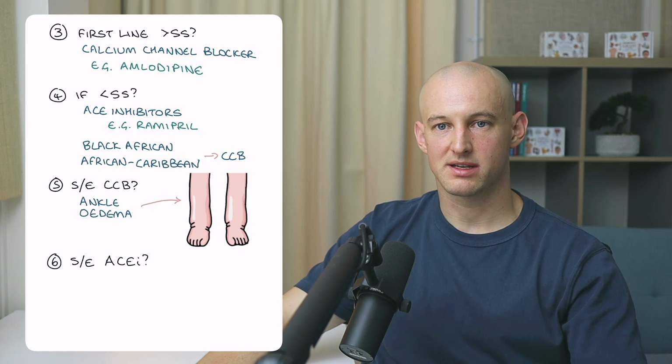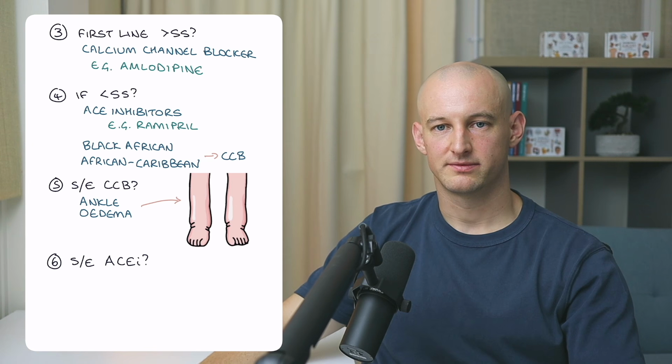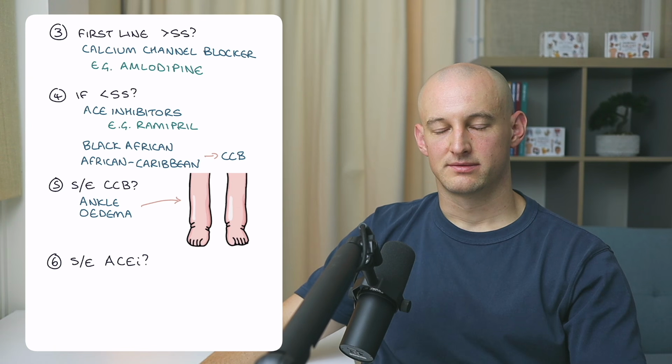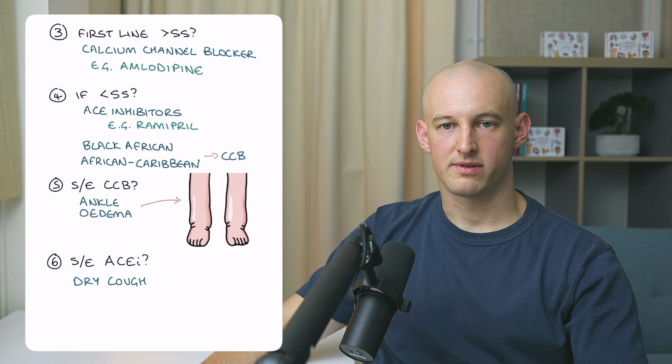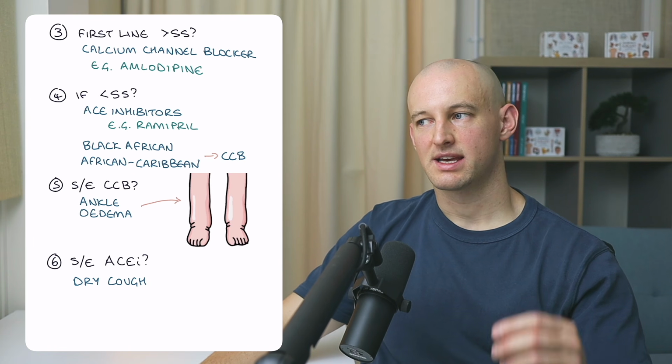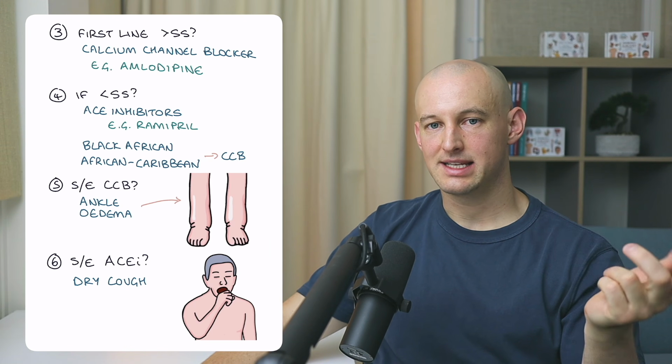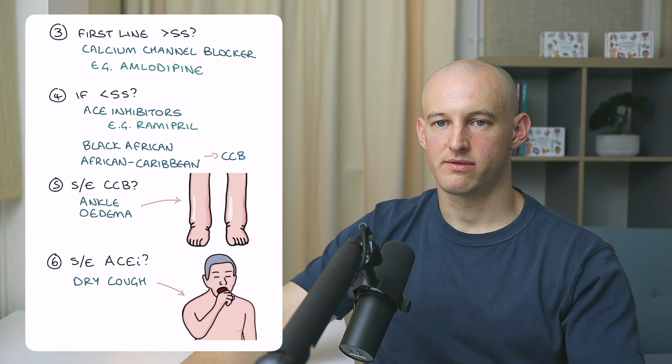The key common side effect to warn people about. A dry cough. So if you're going to remember 2 side effects, calcium channel blockers cause ankle swelling and ACE inhibitors cause a dry cough. On to the next case.